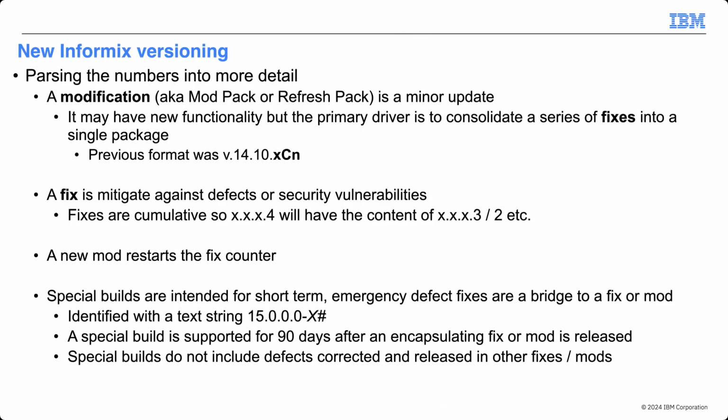So let's say we're on 15.0.0.1, and you have 2 or 3 special builds. When 15.0.0.2 comes out, that fixed pack will have all of your special builds plus any other special builds that have been created for other customers. So it is an amalgamation of all of the bug fixes to date.